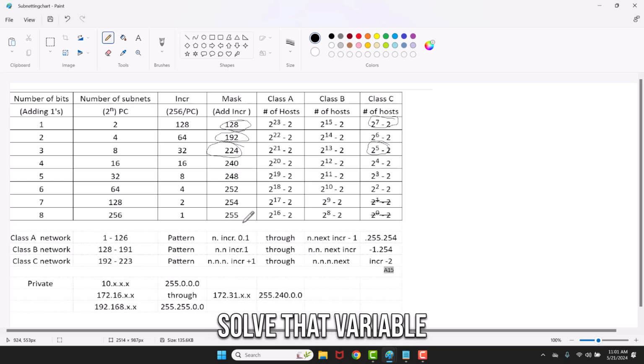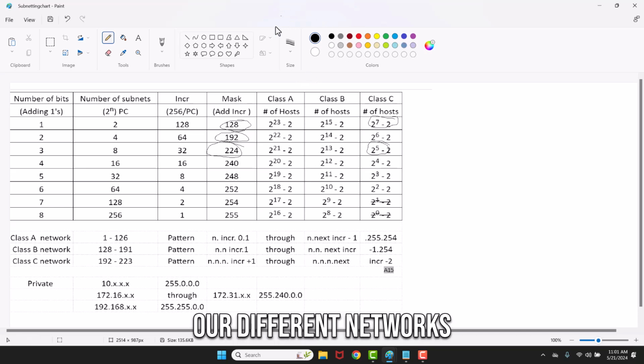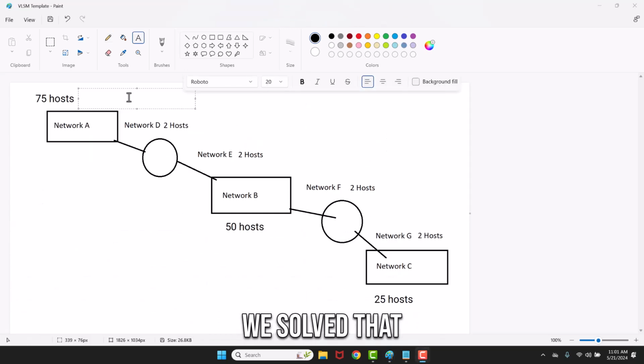Let's go solve that variable length subnet mask problem to put in the subnet mask that is needed for each of our different networks. We solved that we would need 7 zeros to support 75 hosts. And this is acting like a class C. So we start with the default mask for a class C, which is 255.255.255.